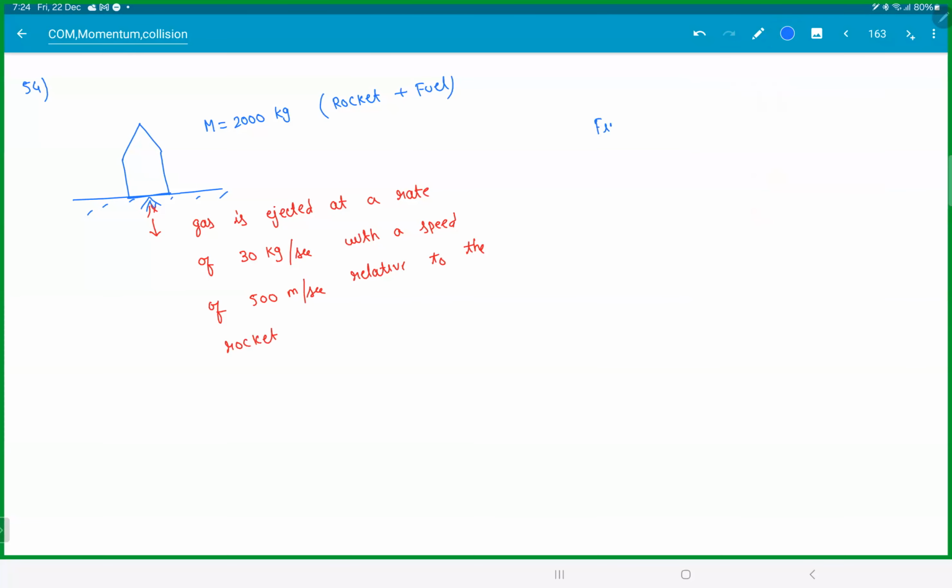So the question is, find the time when rocket lifts off.